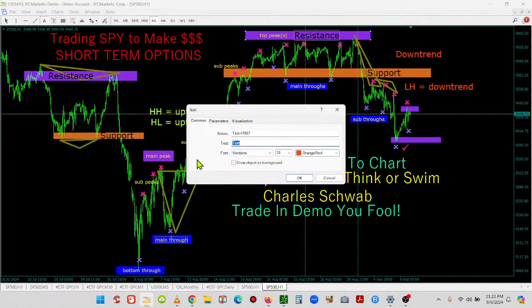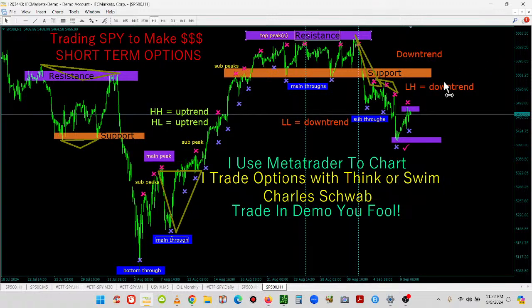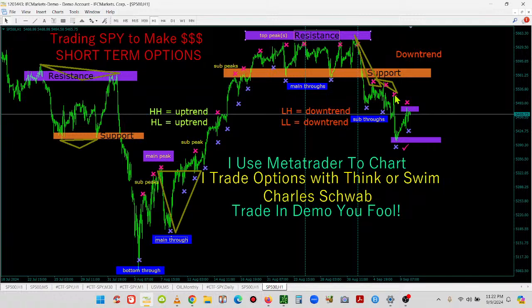And what else do we have? LL, lower lows equals downtrend. Correct. So we're going to put these over here because we have too much on that side. So where are our LH? LH is right there. That's our LH. That's an LH. That's an LH.